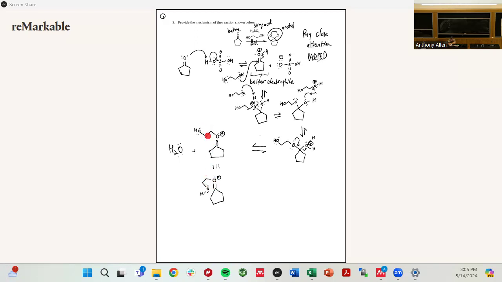All I did was rotate this bond there, just to show you that I have 1, 2, 3, 4, 5. I have the same thing here, 1, 2, 3, 4, 5. And that's the 1, 2, 3, 4, 5 over there.